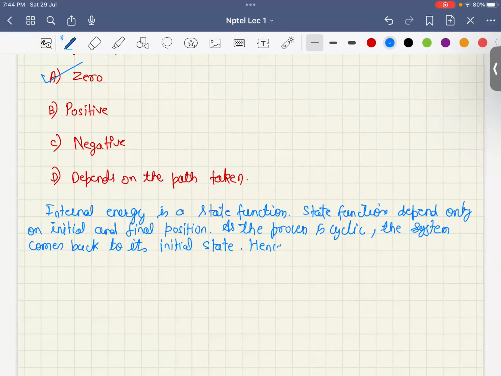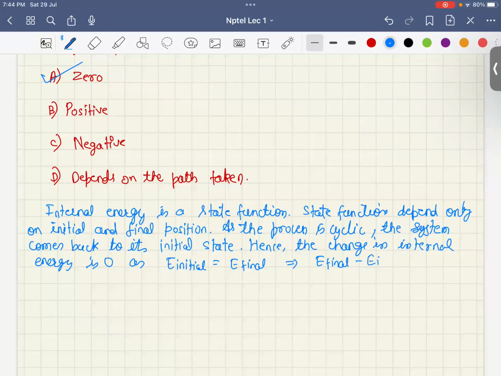Hence, the change in internal energy is zero, as E initial is nothing but E final, because of which E final minus E initial is nothing but 0.